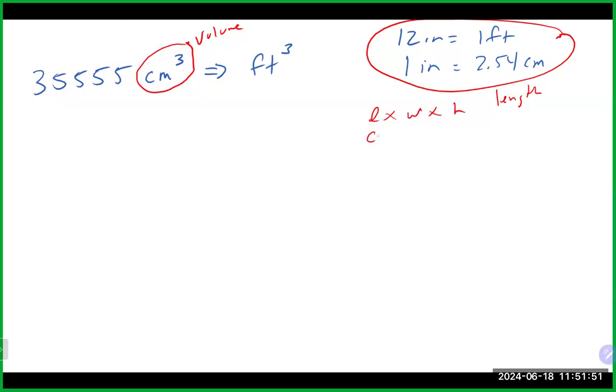If you measure them all in centimeters, that gives you a cubic centimeter, which is a volume. Oftentimes it's used to find the volume of a cube or something like that.